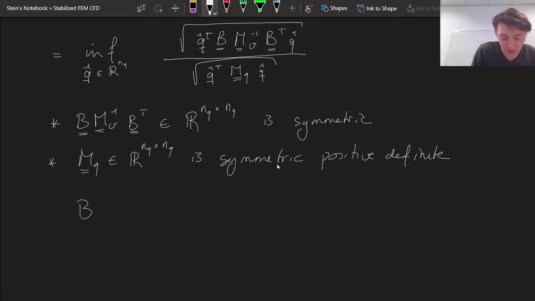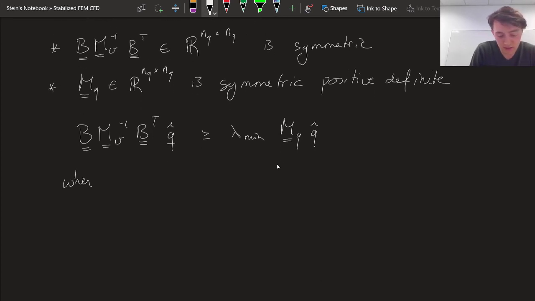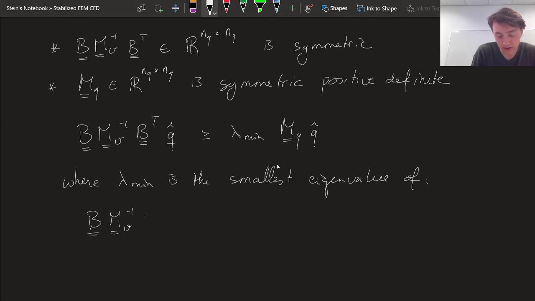If I multiply the first matrix, B M_V^{-1} B^T, by any vector q, then the result is going to be larger than or equal to lambda min of M_Q multiplied by that same vector, where lambda min is the smallest eigenvalue of the eigenvalue problem B M_V^{-1} B^T times an eigenvector is equal to lambda times M_Q times that eigenvector.